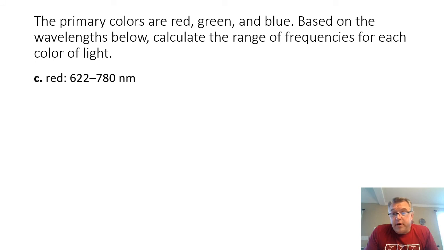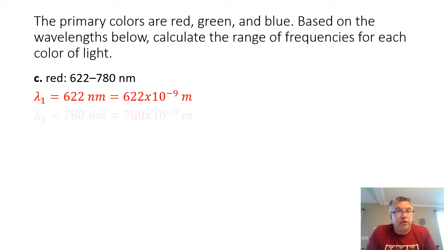One more primary color to go, and that color is red, and the range of wavelengths for red is 622 nanometers to the upper end, which is about 780 nanometers, and at that point we're getting into the infrared end of the spectrum.